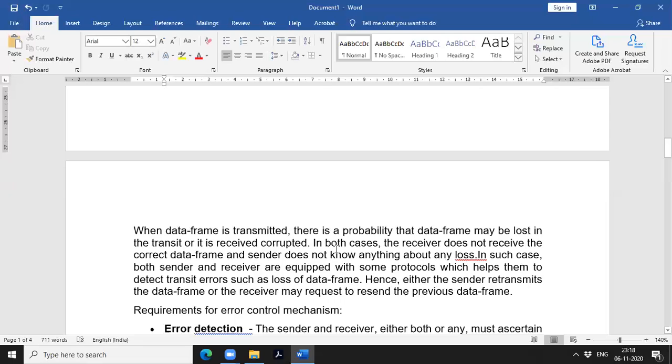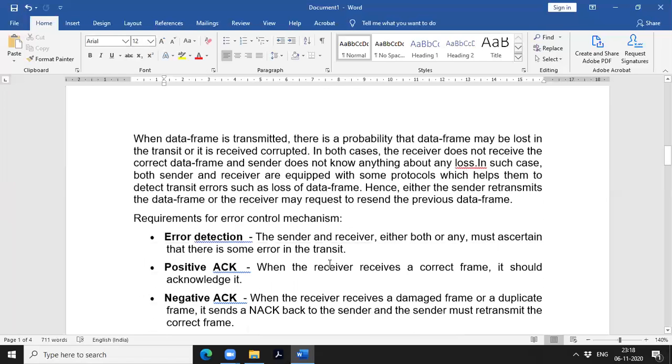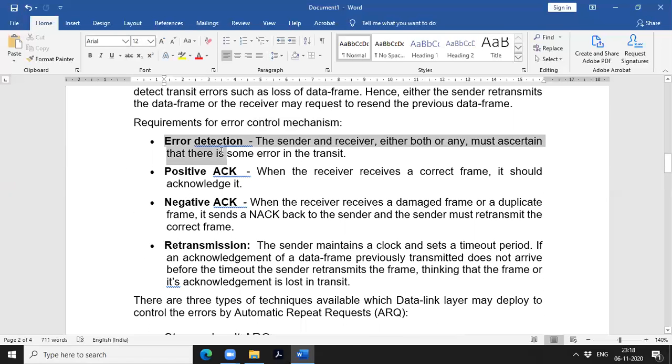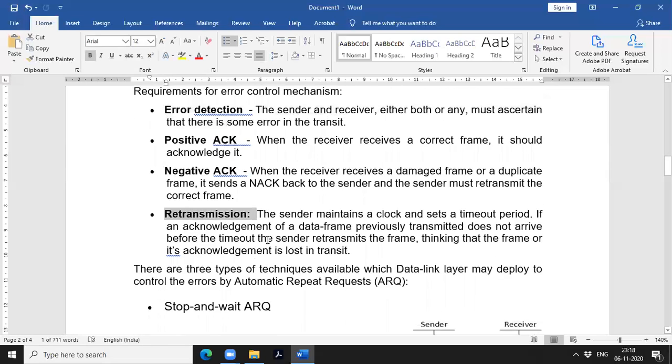The requirements for error control mechanism are error detection, positive acknowledgement, negative acknowledgement, and retransmission of negative frames.